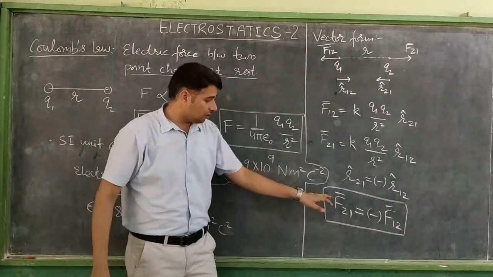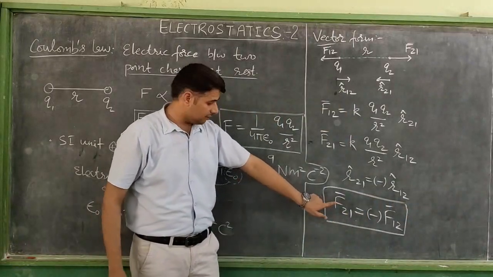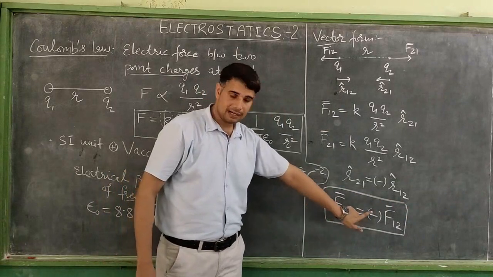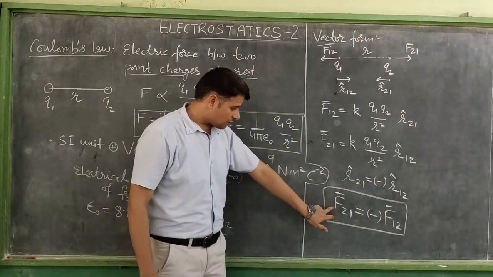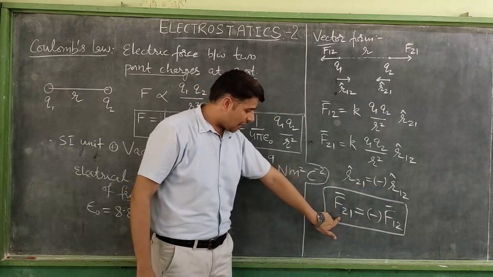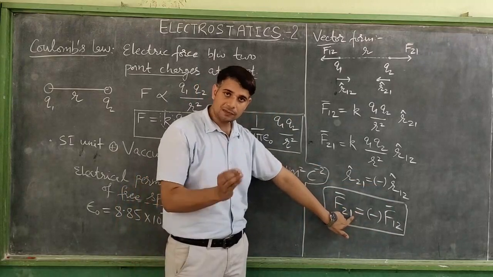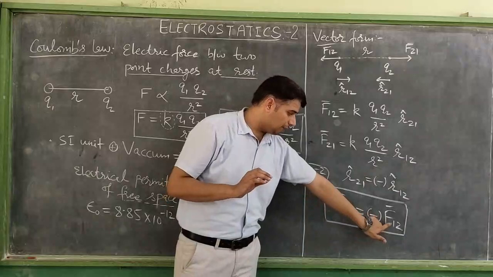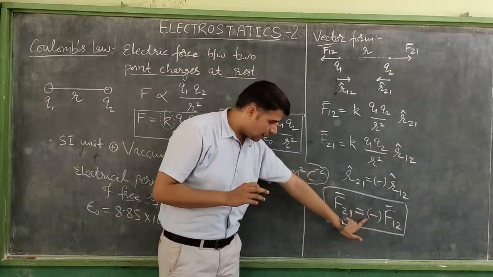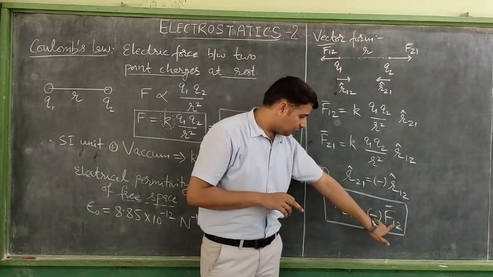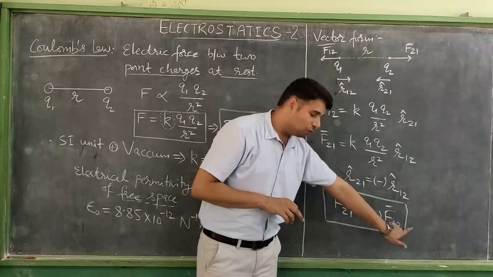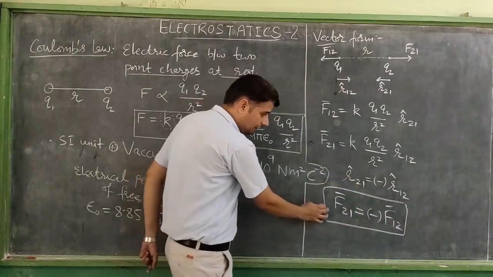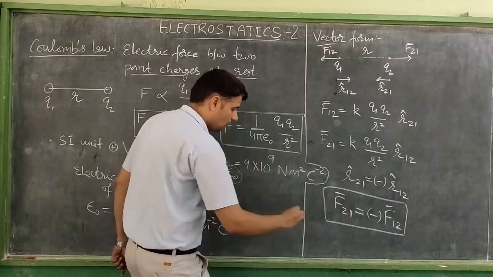Now you try to recall your previous knowledge that F21 vector comes out to be negative of F12. That is, force exerted on second charge due to first charge is found to be equal in magnitude but opposite in direction as compared to the force on point charge 1 due to point charge 2. And dear students, this is nothing but Newton's third law.